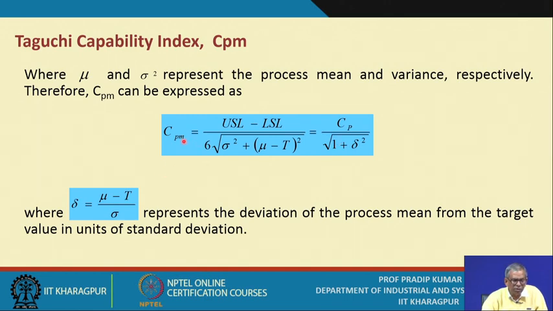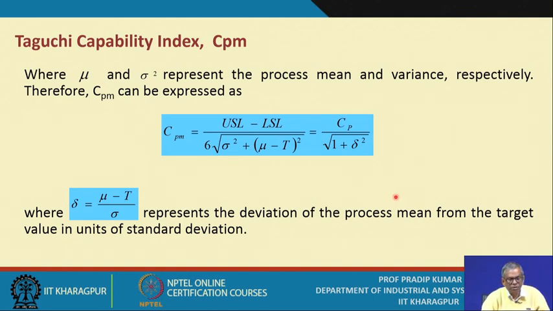So, ultimately CPM is USL minus LSL divided by 6 into sigma into the square root of 1 plus delta square, where delta is mu minus t by sigma. And USL minus LSL divided by 6 sigma is the original PCR, Cp. So, CPM has a relationship with Cp: CPM equals Cp into 1 upon root over 1 plus delta square.